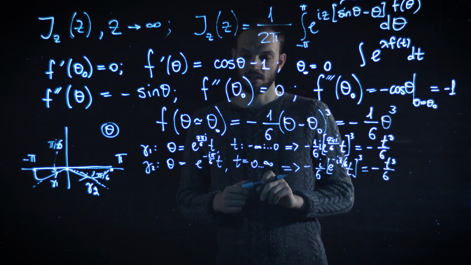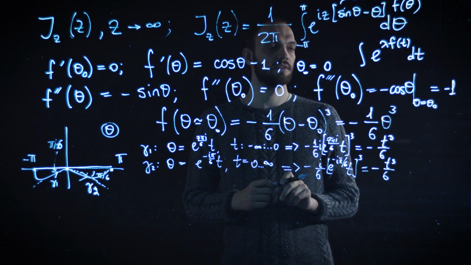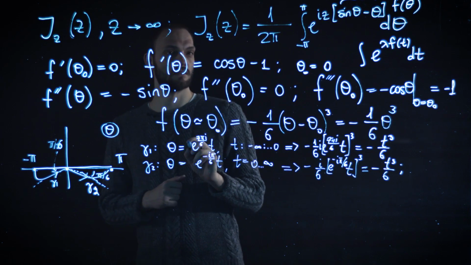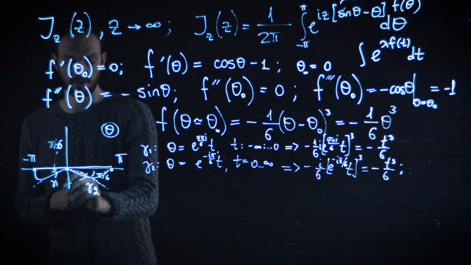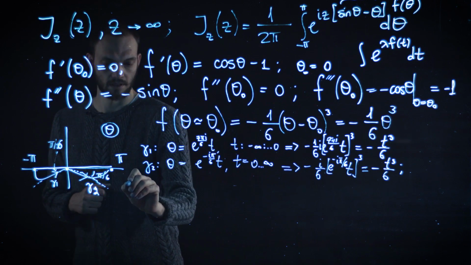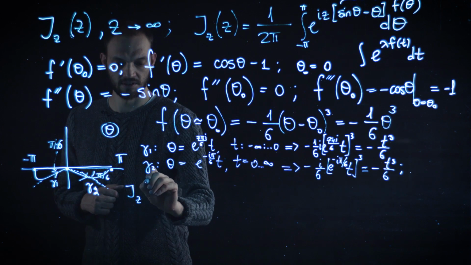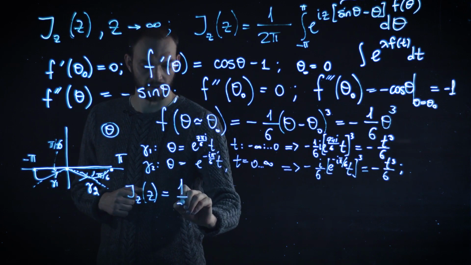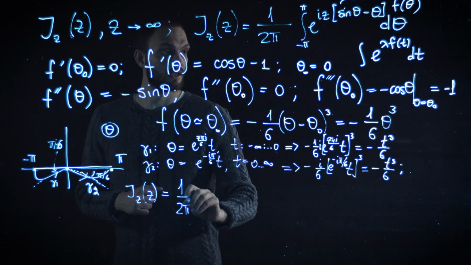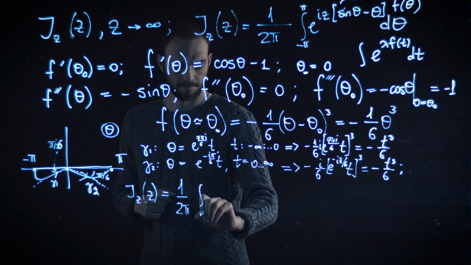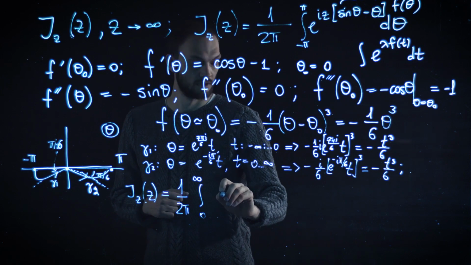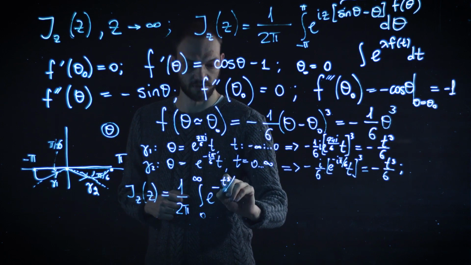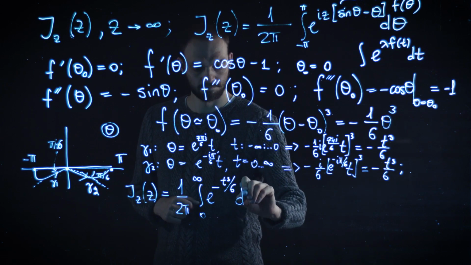So as a result, we may now combine everything. The result would be the following. So z of z becomes 1 over 2 pi times the integral from 0 to infinity of exponent of minus t cubed over 6 dt.